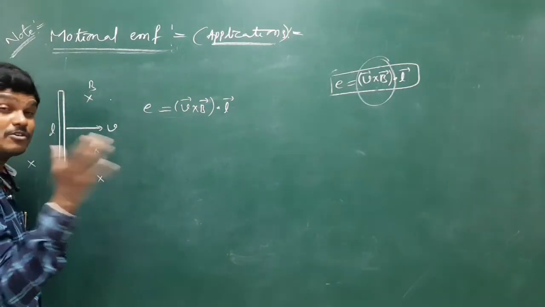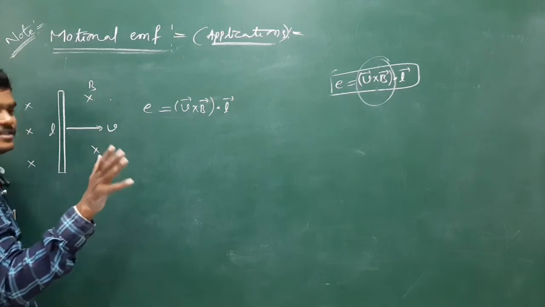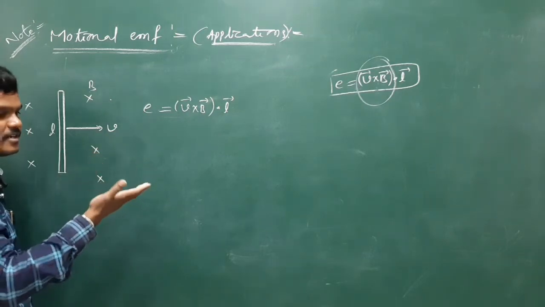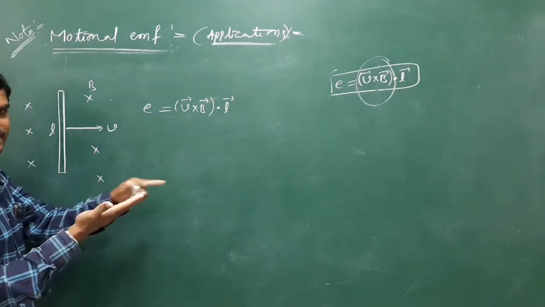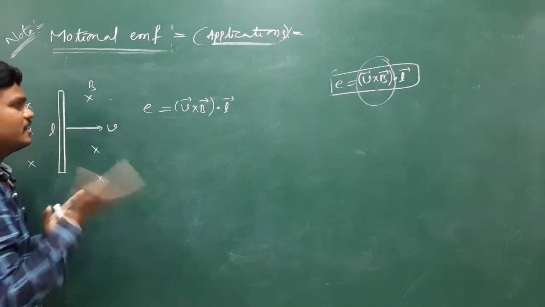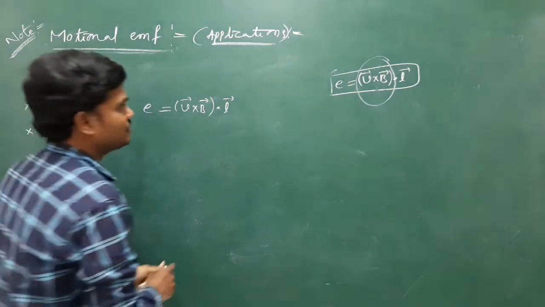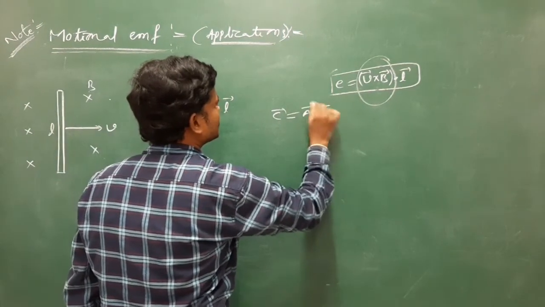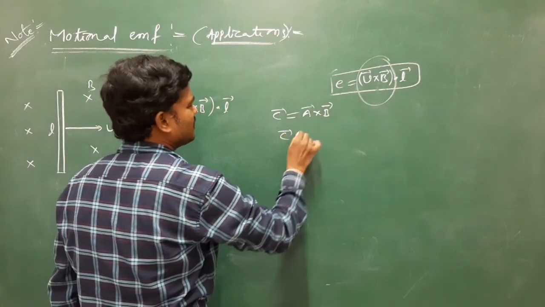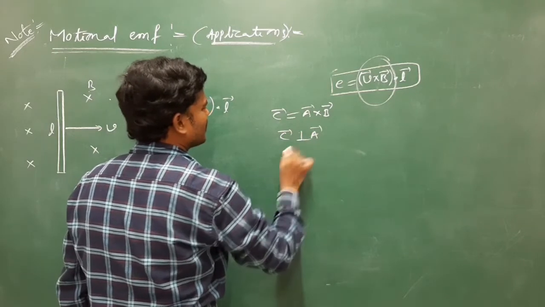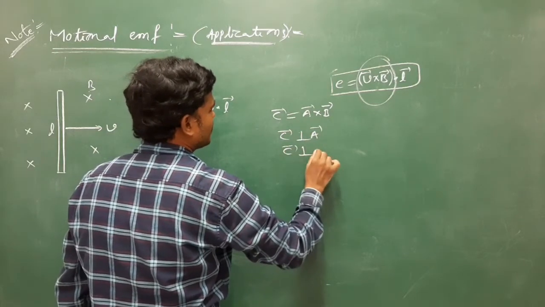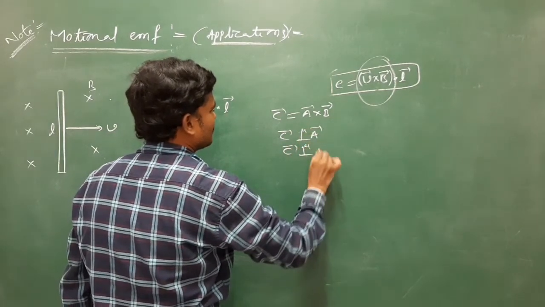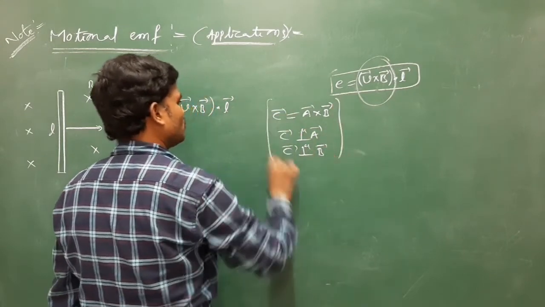In the right hand palm rule, fingers show motion and magnetic field, and the palm shows force. Here use the cross product. You remember C bar equals A bar cross B bar. That means C bar is perpendicular to A bar, and C bar is perpendicular to B bar. Use the cross product rule.